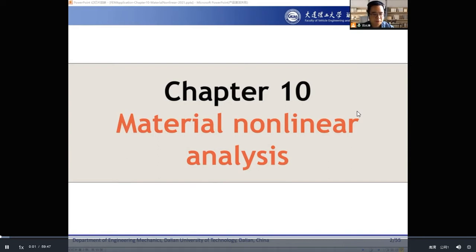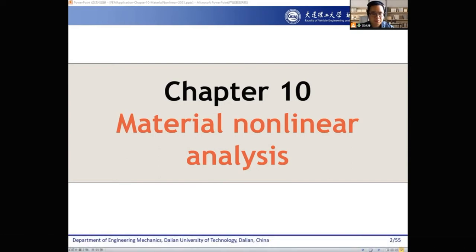Good morning, everyone. So today we talk about chapter 10, the material nonlinear analysis. The material analysis is a very important part of the finite element analysis.